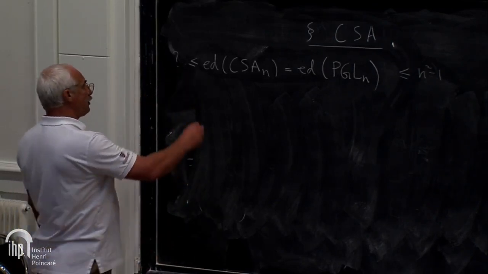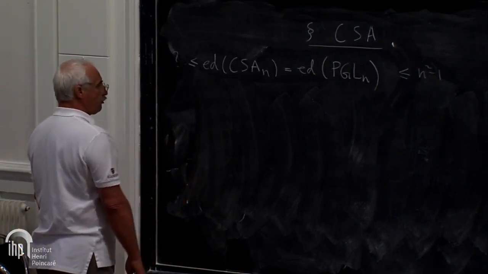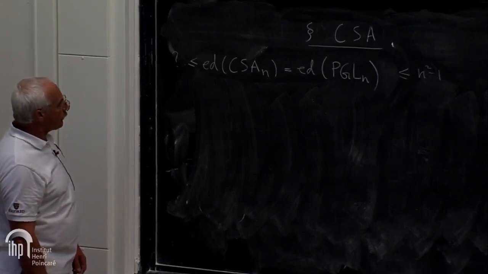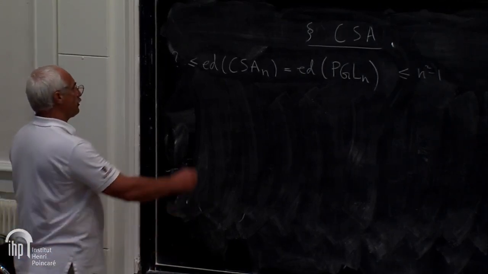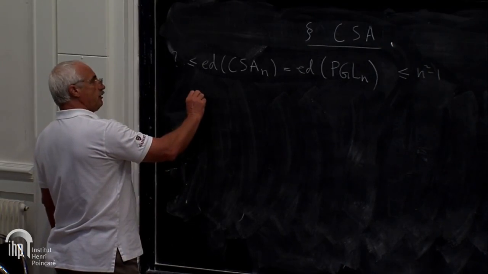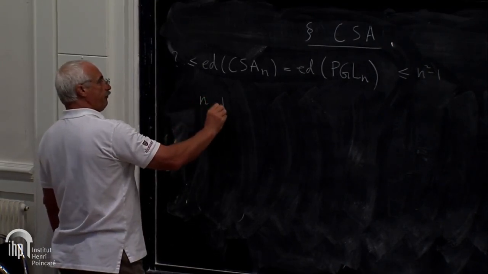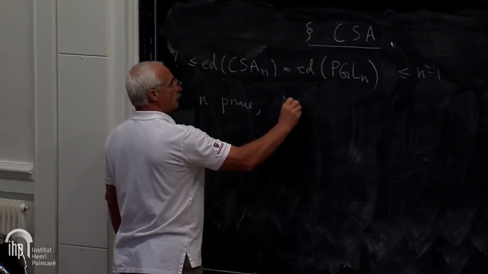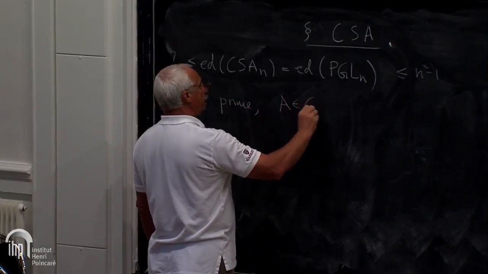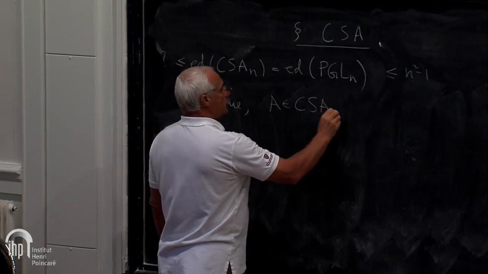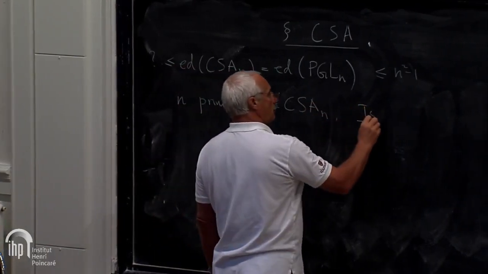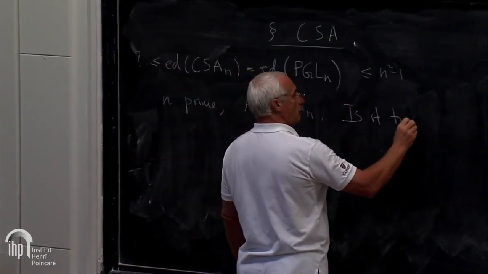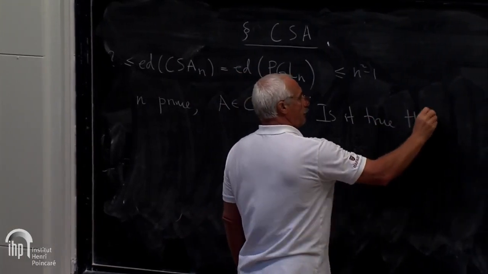Well, let me recall a wide open question in the theory of central simple algebras. The question is, if n is prime, an algebra has prime degree, is it true that A is cyclic?